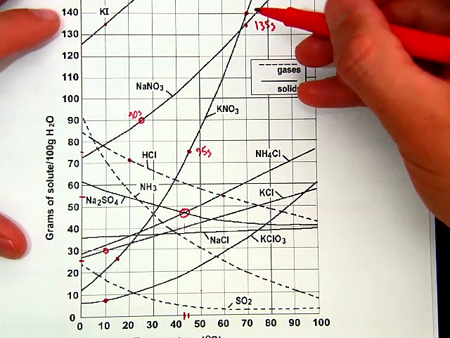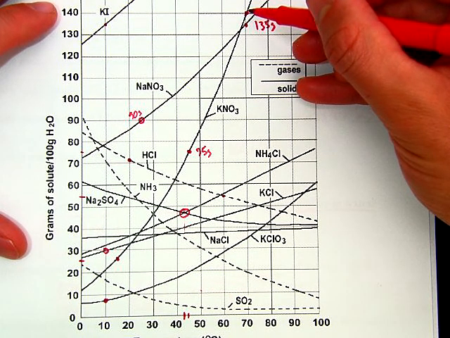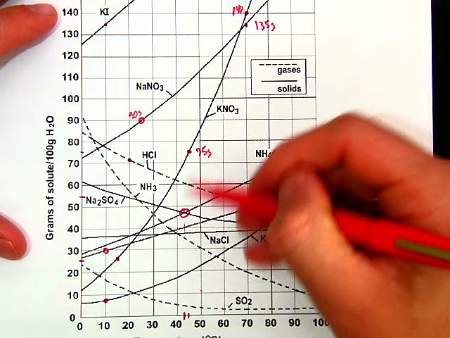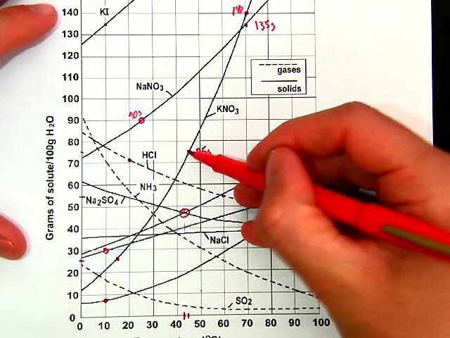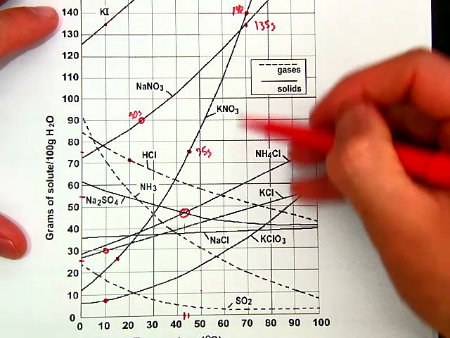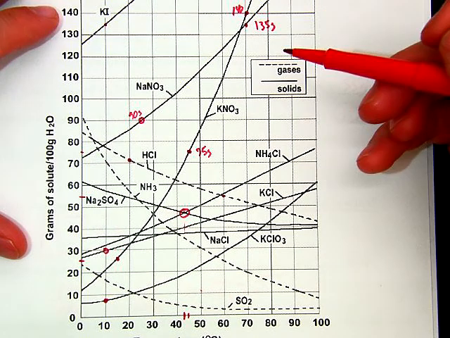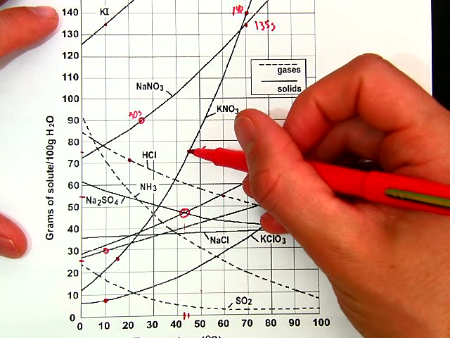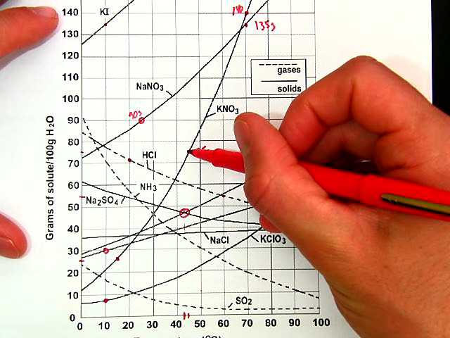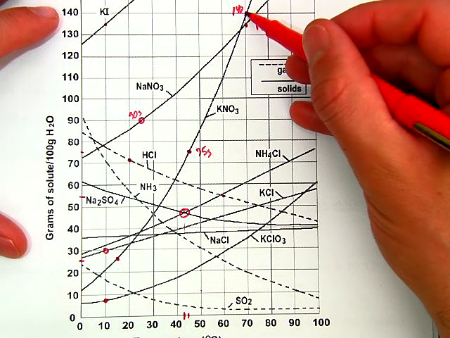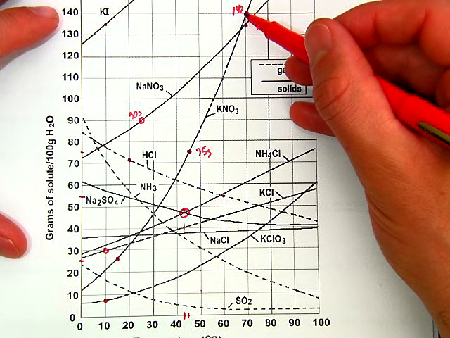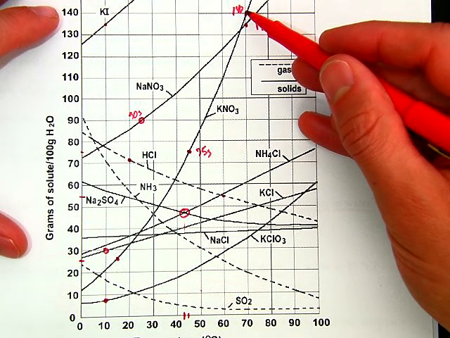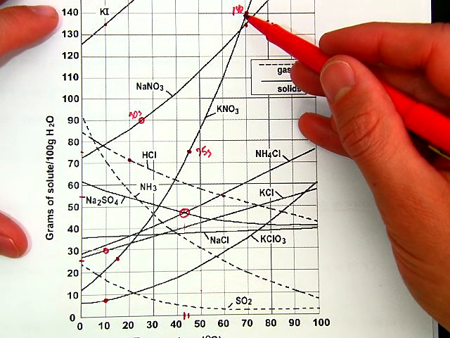Okay, and I'm maybe estimating a little bit. It's about 140. So at 45 degrees we have 75, and at 70 degrees we have 140. So if we can dissolve 75 at this temperature, and we can dissolve 140 at this temperature, that means that we can dissolve 65 more grams at that higher temperature, right?